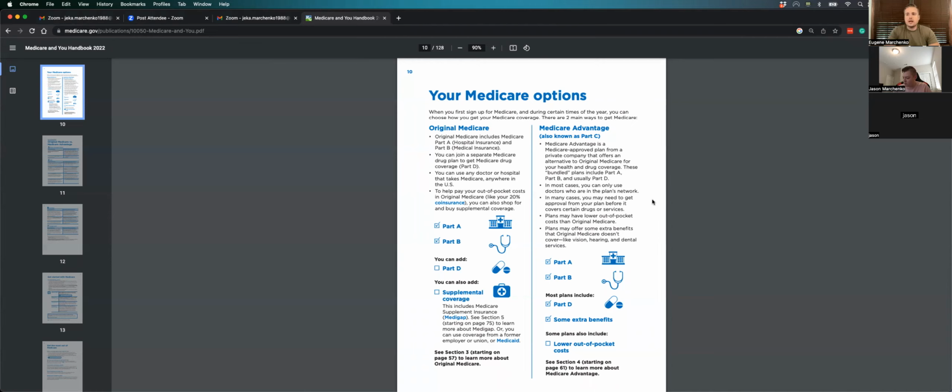You have to have worked a minimum of 40 quarters in your lifetime in America in order to qualify for Medicare Parts A and B. If you've worked less than the 40 quarters, you will have to pay for Part A. But most of the time, Part A is at no cost when they turn 65.